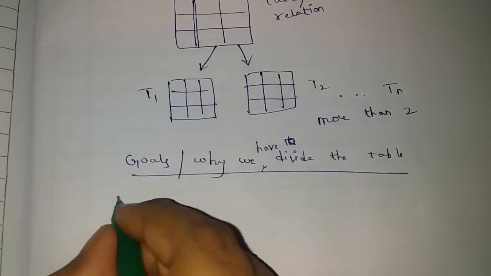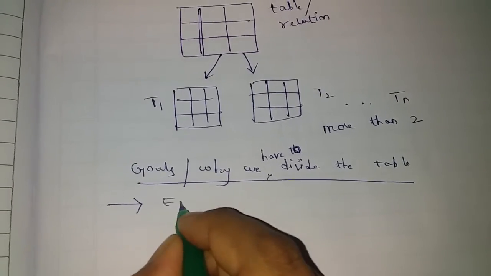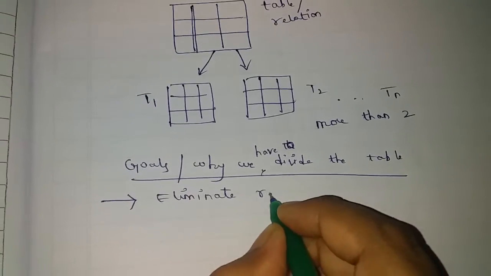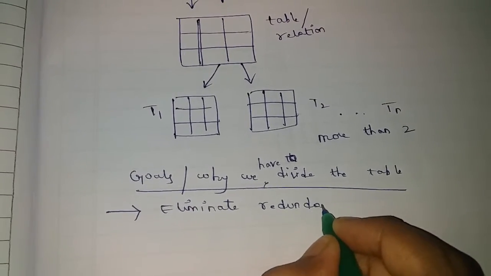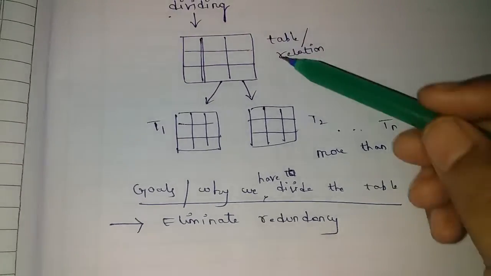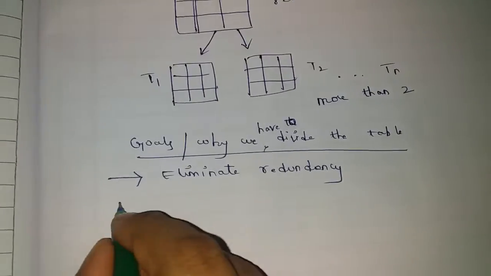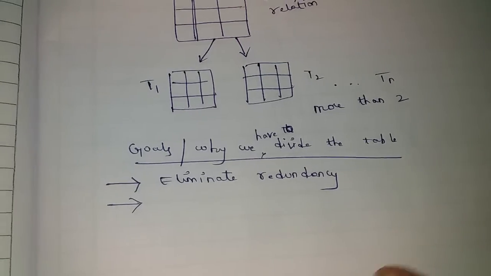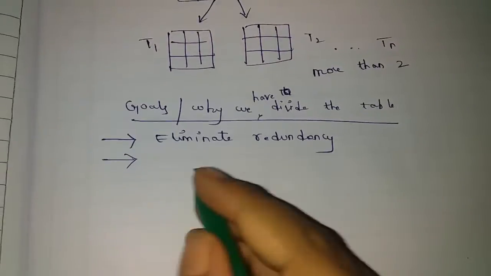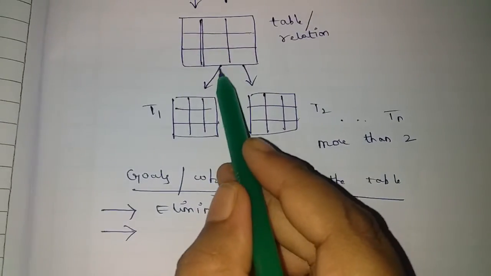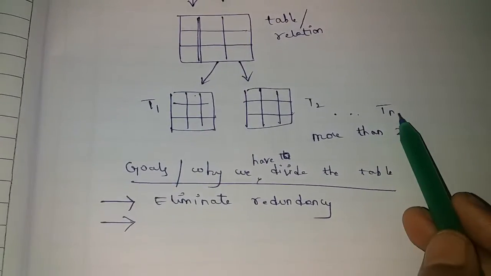First point, we have to eliminate the redundancy of a particular table. I will explain the example also. We eliminate the redundancy by dividing the original table n times.